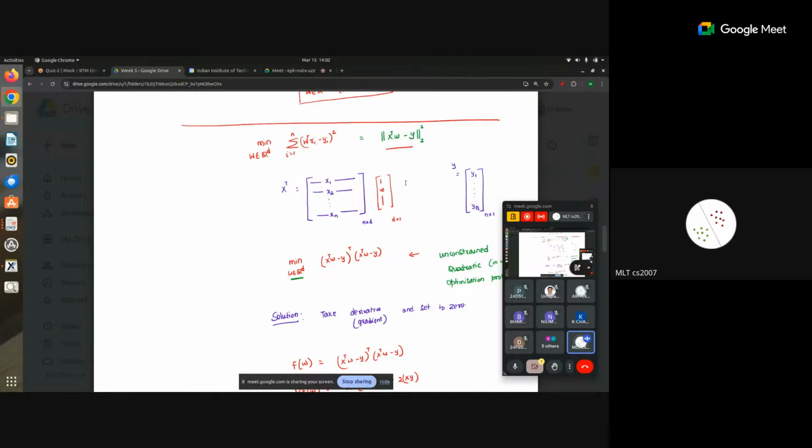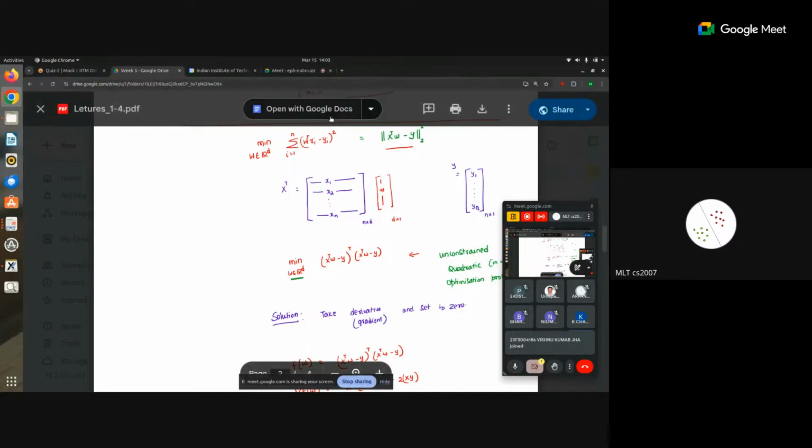So basically y1 equals x1 transpose w. What does that mean? It will look like w1 x1 plus w2 x2 plus w3 x3 equals y1. This calculation you should be able to do. That is one of the problems in tomorrow's exam, so you should be solving those kinds of questions.